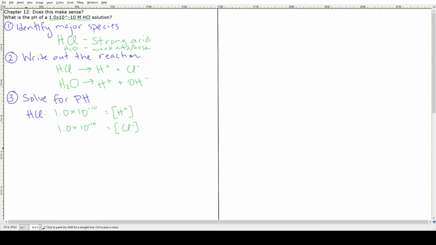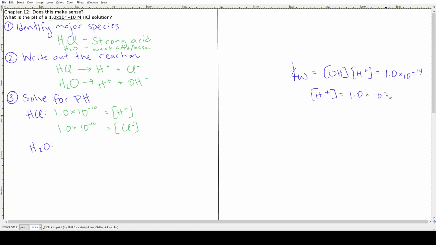Okay, so now let's talk about water. Water is always there, and technically you could always throw these numbers in for water if you would like. We know, this is on the side, you don't need to write it down, that the Kw for water is the concentration of the hydroxide times the concentration of the hydrogen. It's always equal to 1.0 times 10 to the negative 14, which means that in water, just water by itself, they're equal, because water is basically neutral.